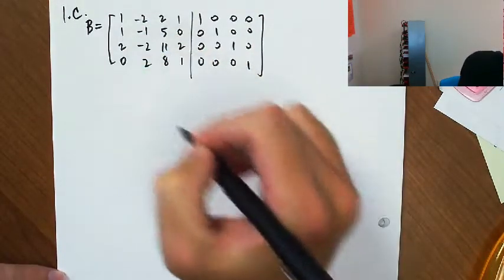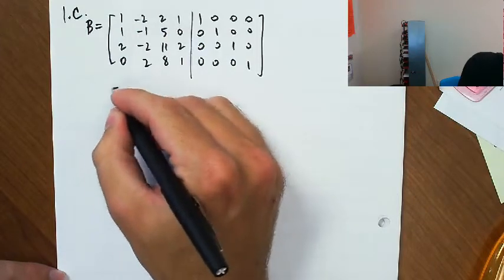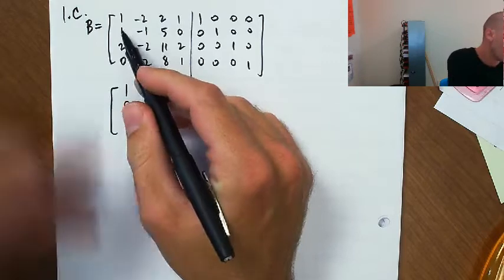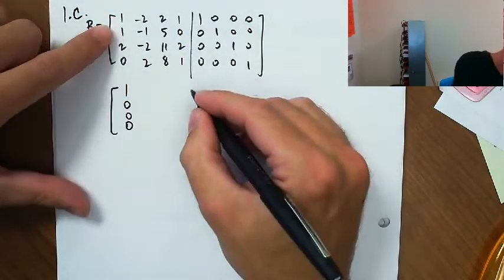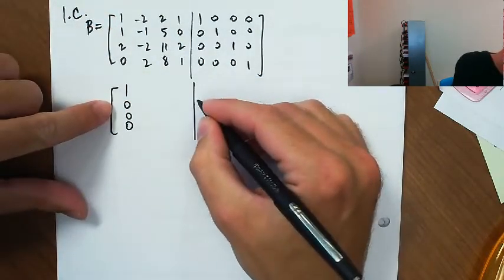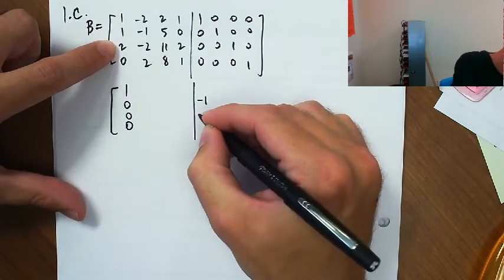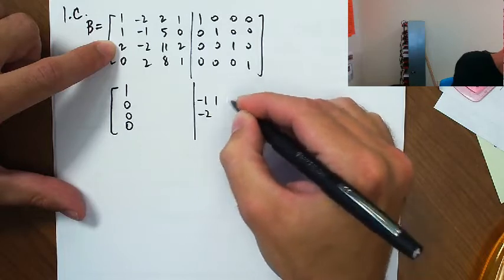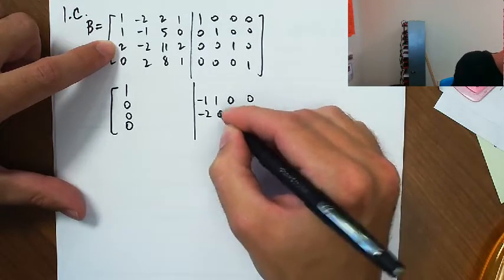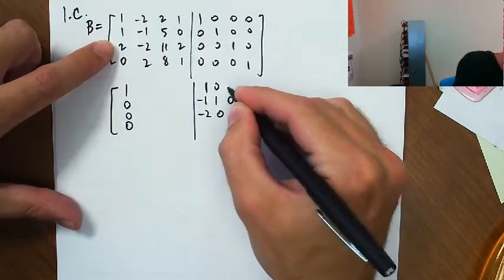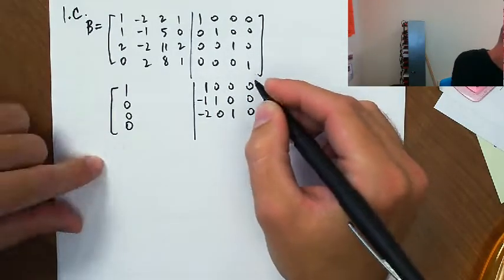All right, so I'm going to just clear out the first column first. I know I'm going to subtract row 1 from row 2, so negative 1. I'm going to subtract 2 row 1s from row 3. Since all of these above are zeros, nothing's going to change up there, over here.